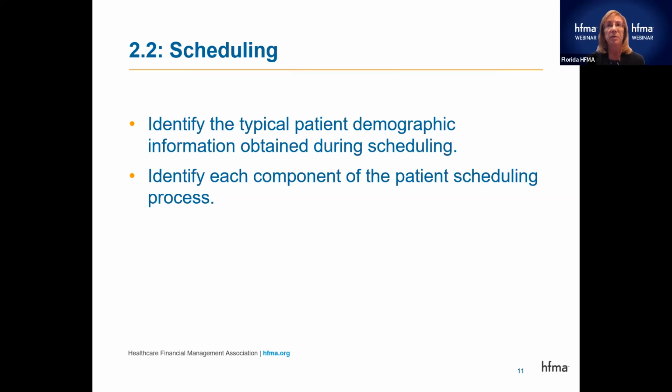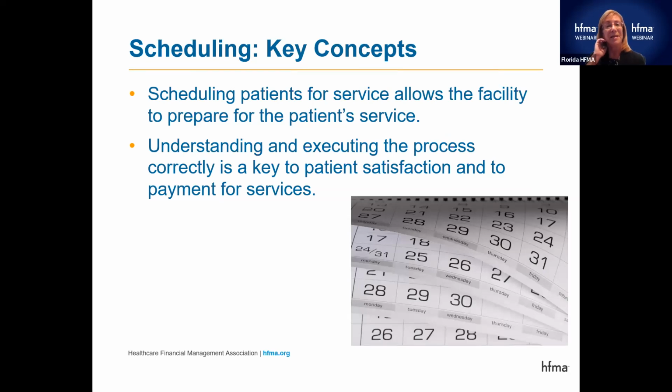So in this section, we're going to address scheduling processes, which include patient identification, the requested services, medical necessity screening, and the Medicare Advance Beneficiary Notice, or the ABN. So, scheduling key concepts.